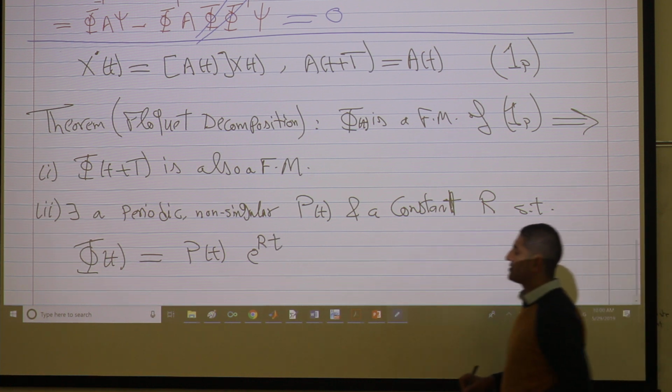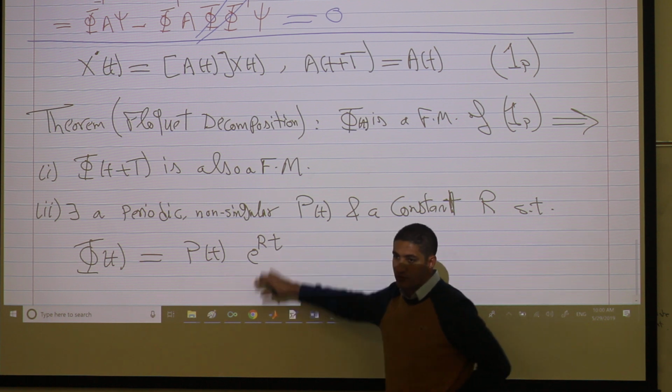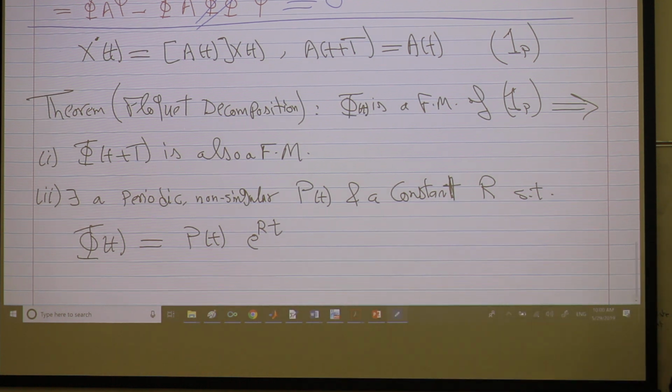We'll prove the theorem and see later on why this is so important and what the implications are. Okay? Any question?